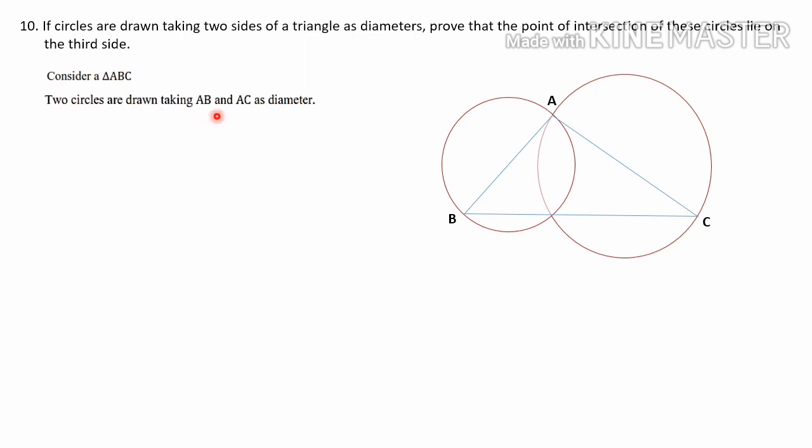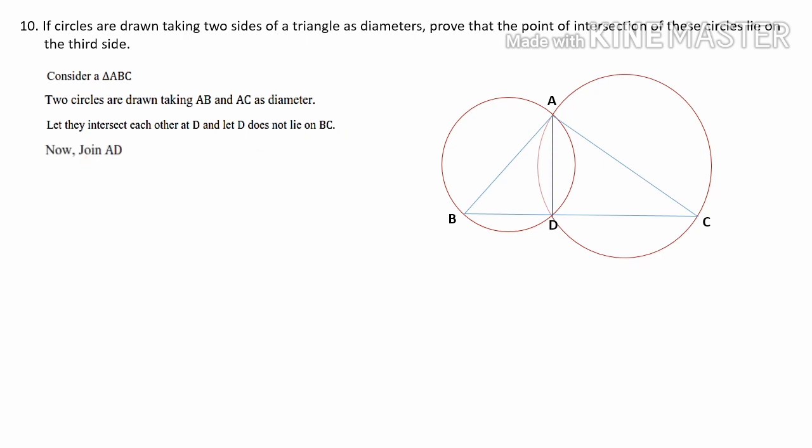Two circles are drawn with AB and AC as diameters. Let them intersect each other at D. Let D not lie on BC. They are intersecting at D, but D does not lie on BC. In the figure it is on BC, but we are assuming that D does not lie on BC.